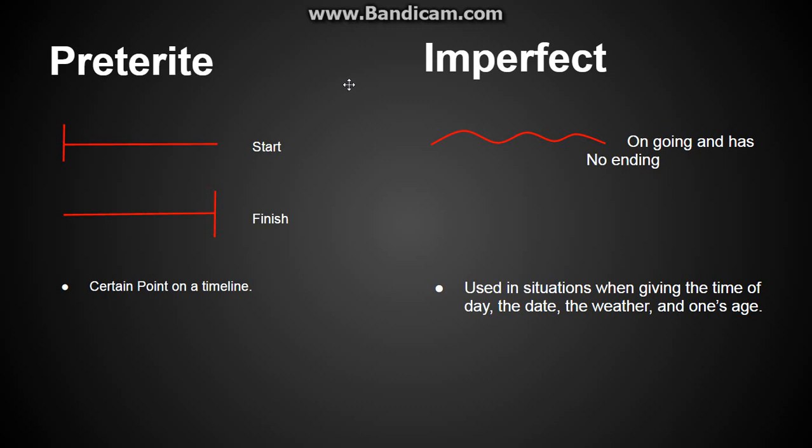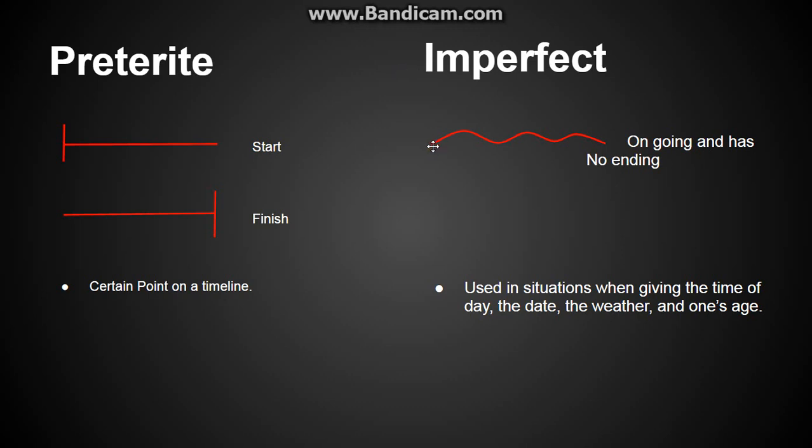To try and better understand the difference between preterite and imperfect verbs, these are more of a visual example. With preterite, you have a definite start and a definite finish that you can tell just by looking at the sentence or the phrase. And if you put it on a timeline, it would be a certain point, not really a span of time.